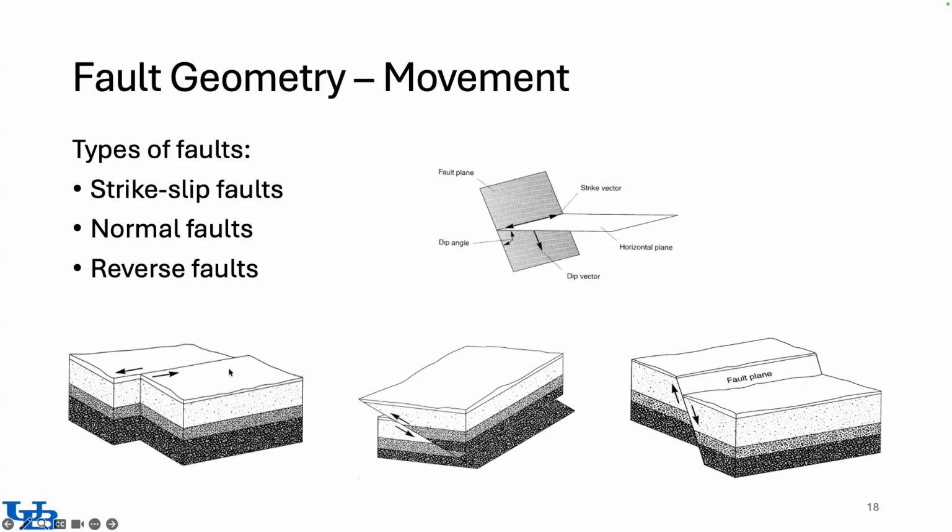So a rake angle of 0 would correspond to a strike-slip fault. A rake angle of 90 degrees is a reverse fault, and a rake angle of 270 is a normal fault.